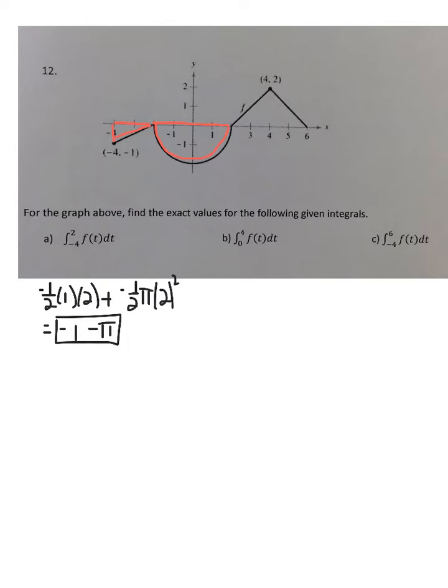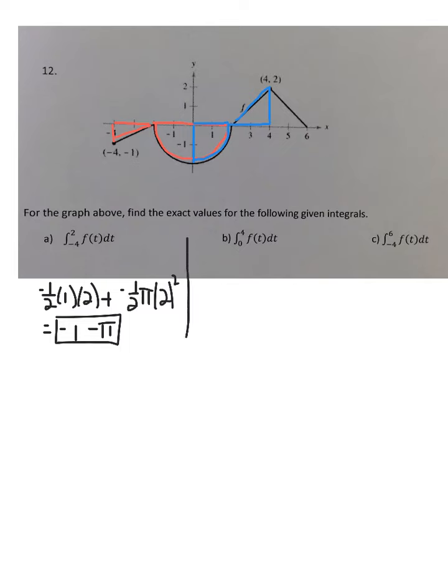Okay. Let's look at part B. So part B goes from 0 to 4. Let me put that in a different color. So 0 to 4 would mean this piece right here, that's 0 to 2, and then this piece right there, those two added up. So we have a quarter circle, but notice that it's underneath the x-axis, so we're going to negate that.